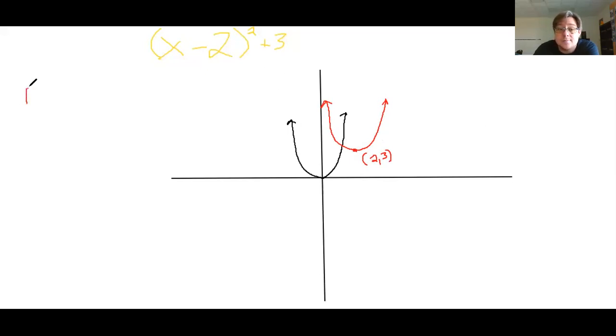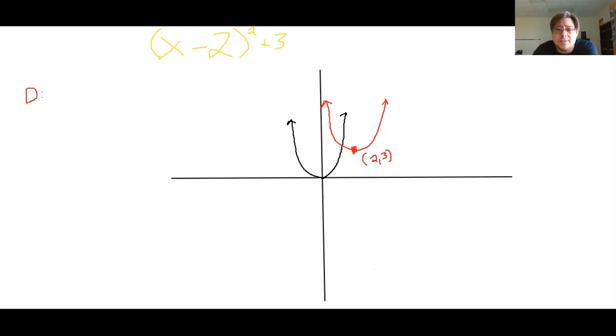So our domain can go all the way to negative infinity, all the way to positive infinity. We can include anything. Our range are all the y values. Notice that we have no y values down here, and then we start at 3 and it gets bigger. So our range is going to be from 3 all the way up to infinity.